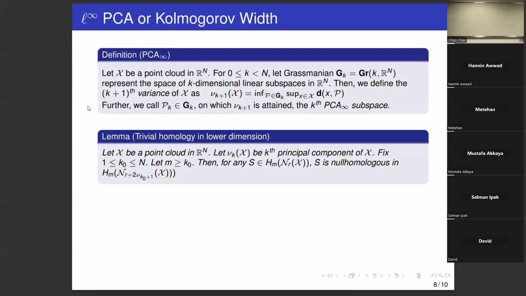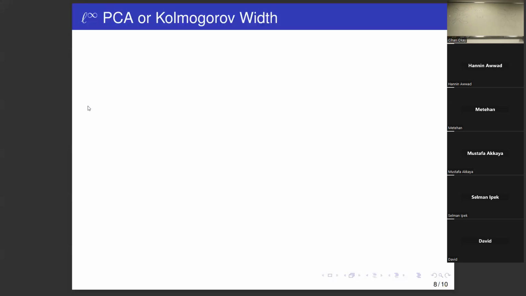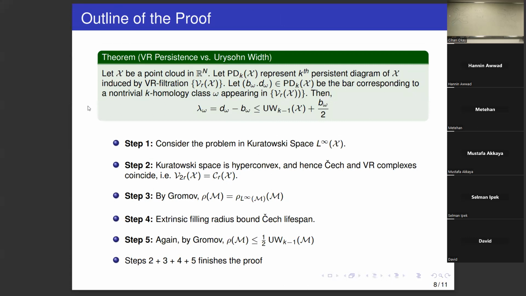Let me finish with one interesting observation. You can think of this as a very simple observation, but it's potentially very useful. Always point cloud. Okay, so this is a point cloud in Rn. Now I am looking at Vietoris-Rips filtration.